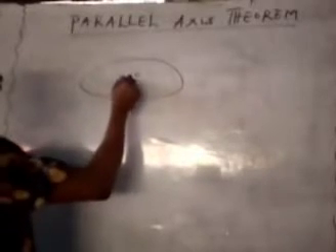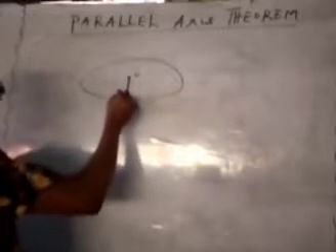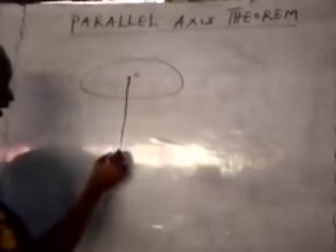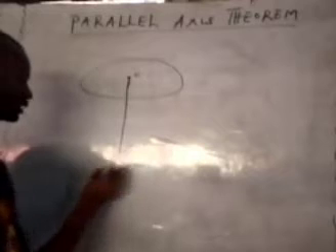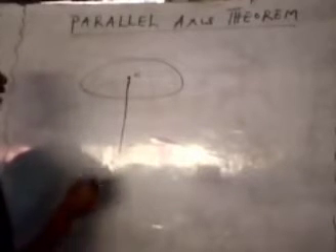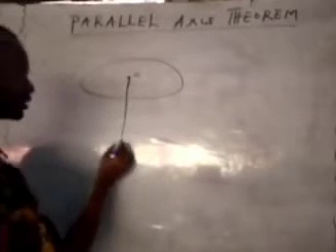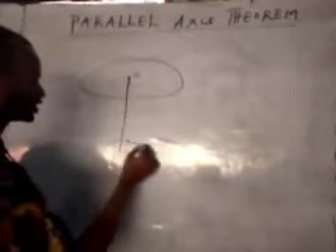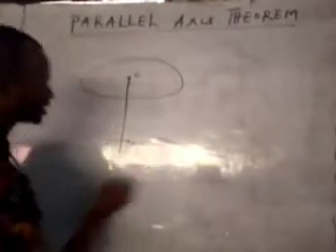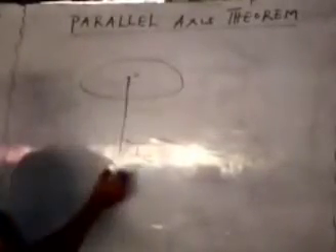By so doing, I can draw an axis. This axis is the axis through the center of gravity. So I can easily rotate this object in this direction. Therefore, I can find the moment of inertia about this axis through the center of gravity.